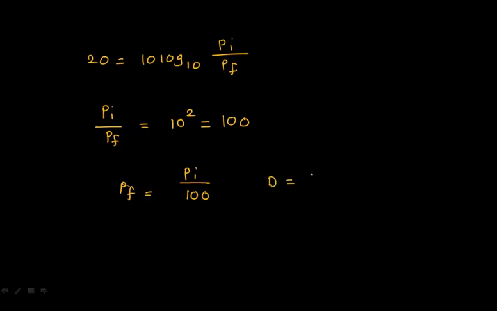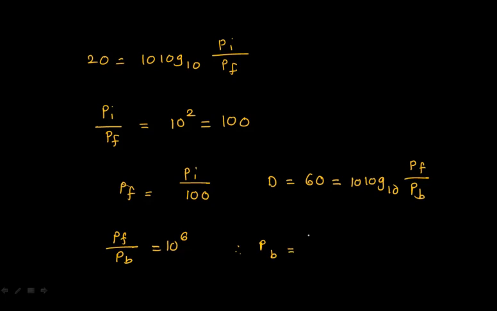And directivity is given as 60, which is nothing but 10 log to the base 10 Pf by Pb, which means that the ratio Pf by Pb will be 10 raised to 6. Now you can imagine how small an amount of power tries to go to the back port. Now, how are you going to calculate Pb?